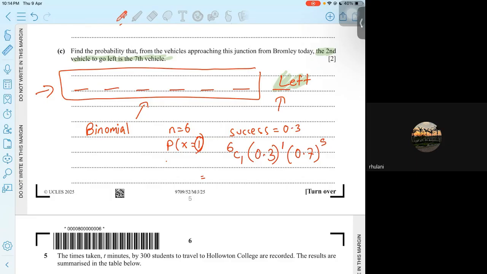Let's just check the value of this. 6C1 into 0.3 into 0.7 to the power of 5. So this is 0.3025.